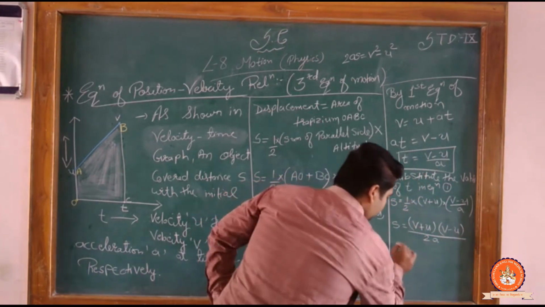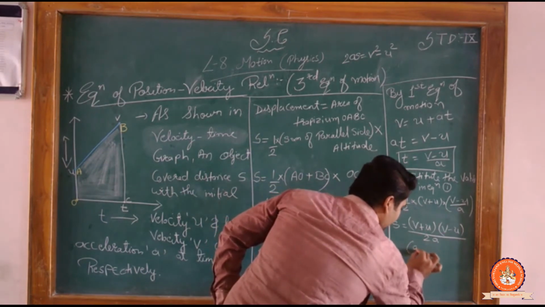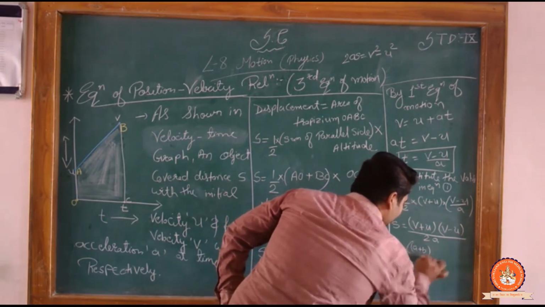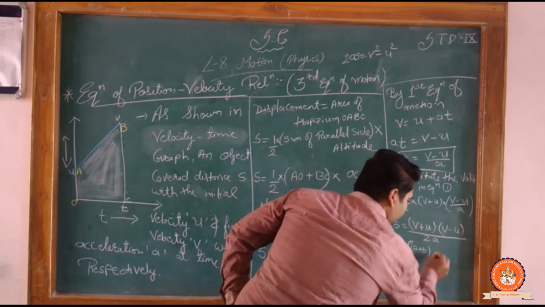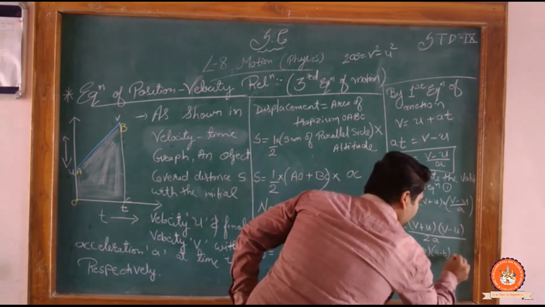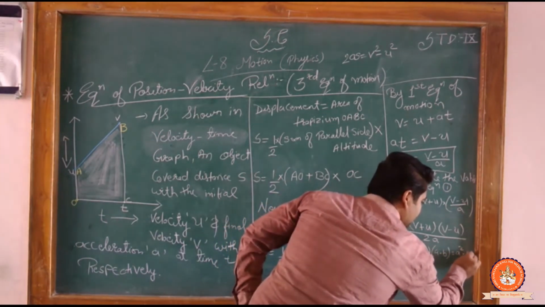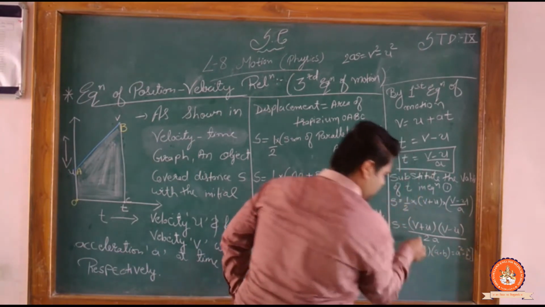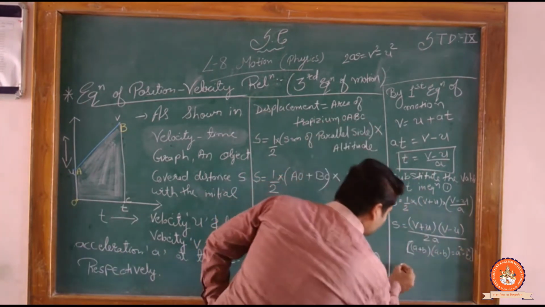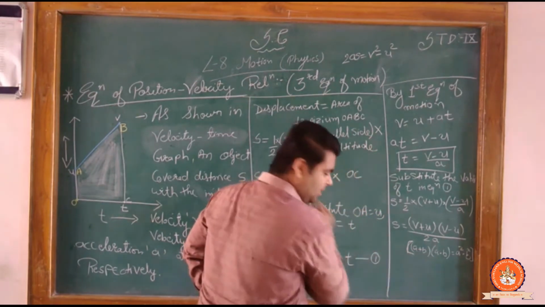Clear? Now as we know, a plus b into a minus b is what? Yes, a square minus b square. So these both are looking like that. So these 2a's come to this side. Clear?